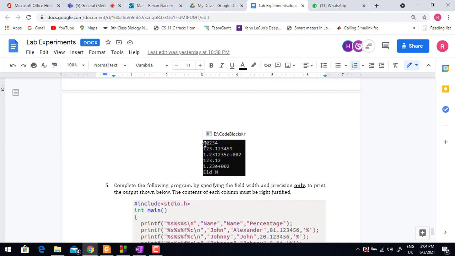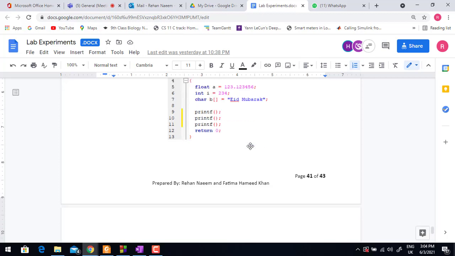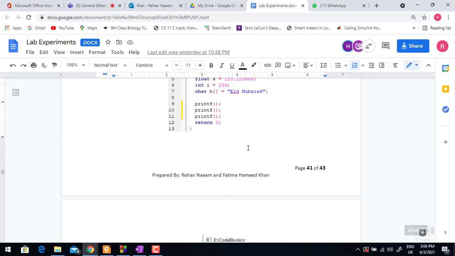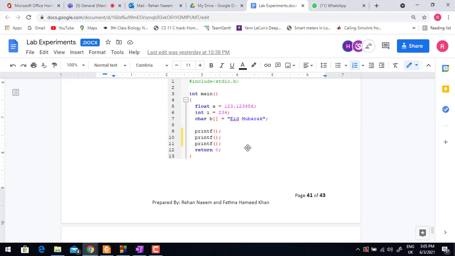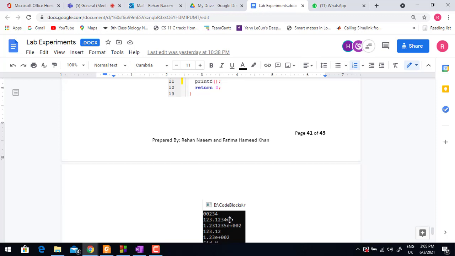There are some leading zeros in the first line with the integer 234. Then you have to display 123.123456 in floating number format. Then you have to display the same number in exponential format.